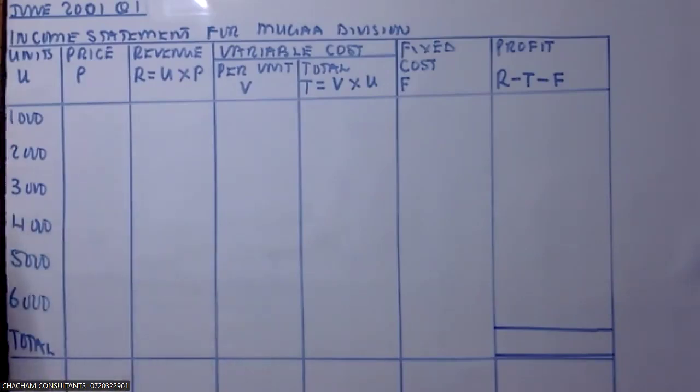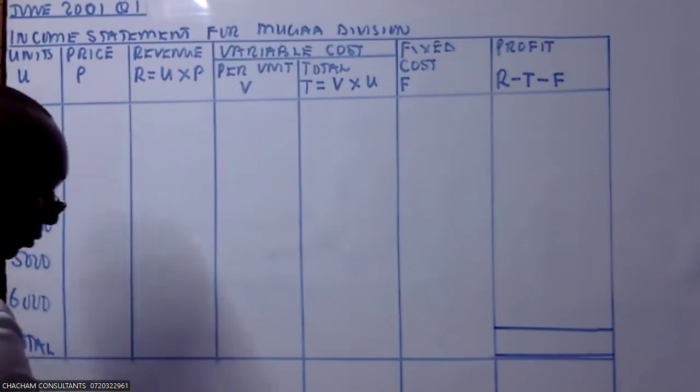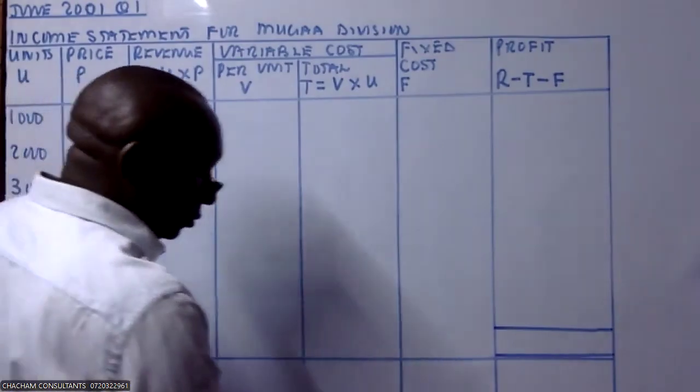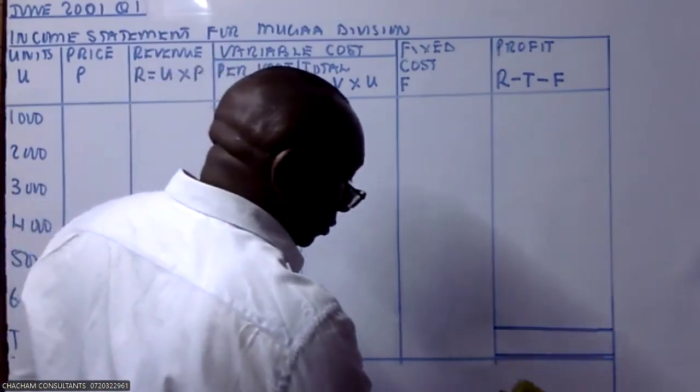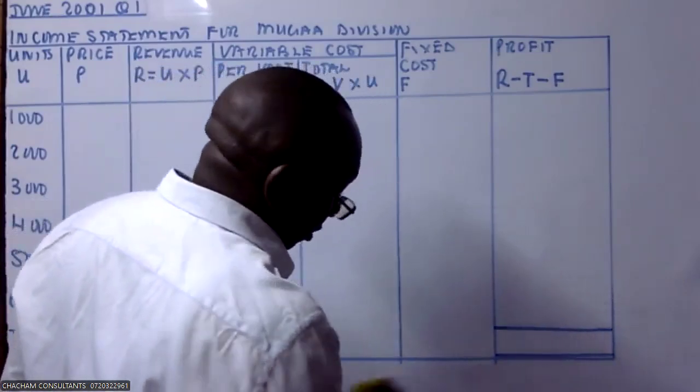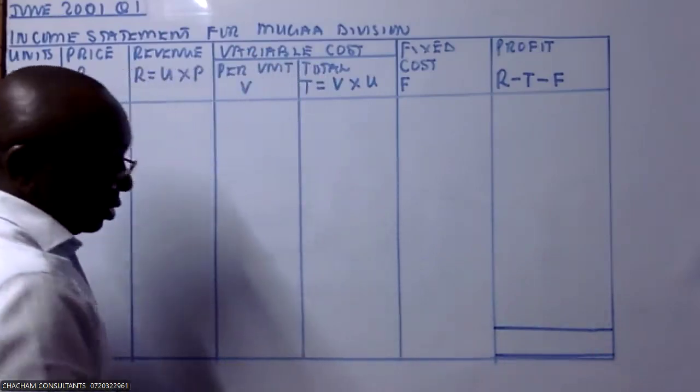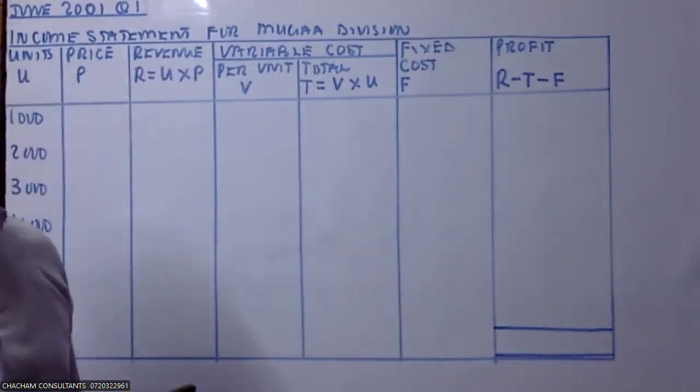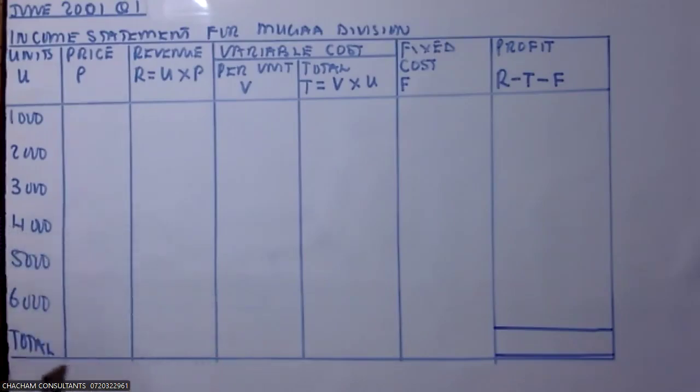Draw ukifikisha hapo uniambie finished. So the questions we were dealing with, they apply when you have just one level of units.